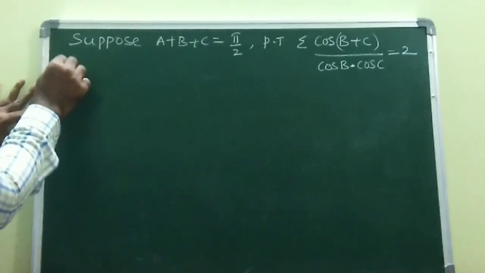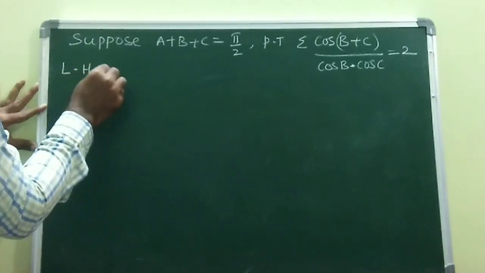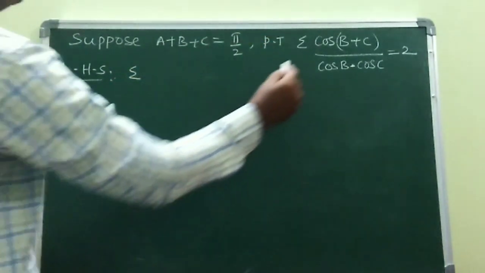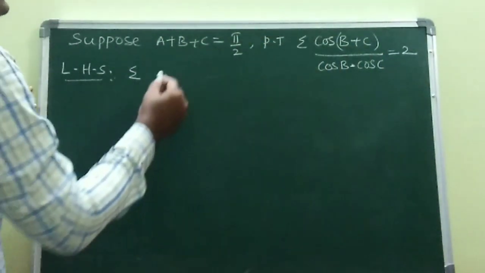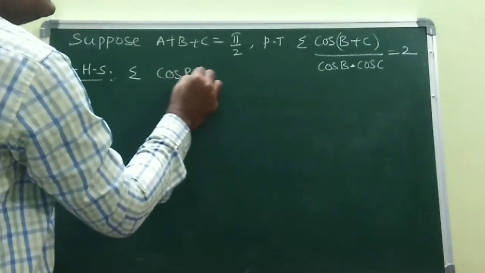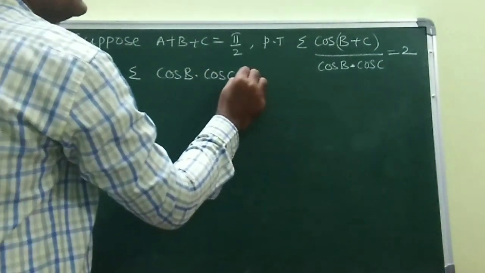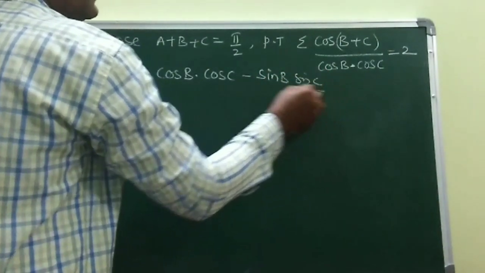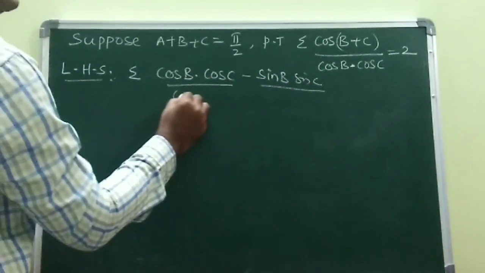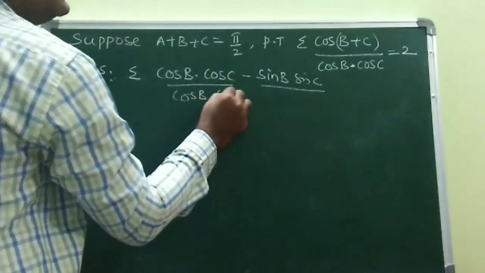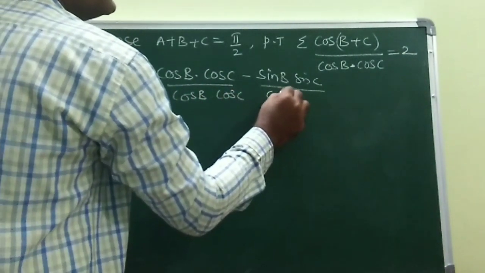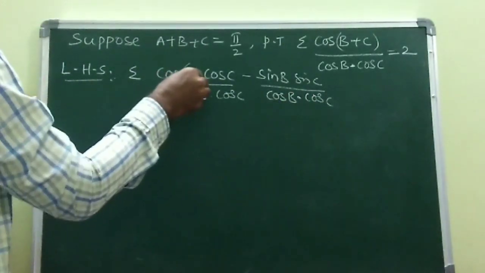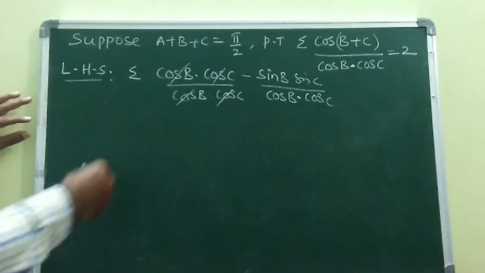Okay. So let us take LHS. Sigma, apply the formula of cos of B plus C. What is cos of B plus C? Cos B into cos C minus sin B into sin C. And this whole is divided by cos B into cos C. Even here also cos B into cos C. Now cos B and cos C are getting cancelled.